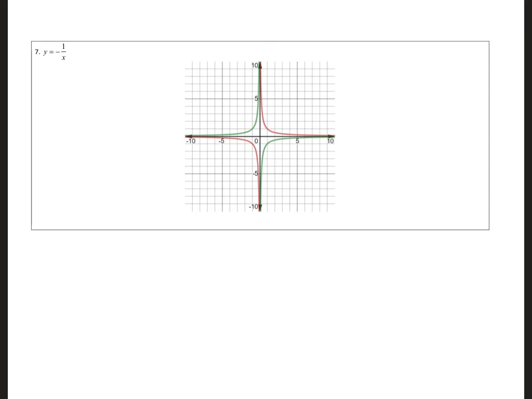Now what about when we make the function negative, multiplied by negative? We can see here the graph is reflected. On what axis? Actually, this is a reflection about the origin.